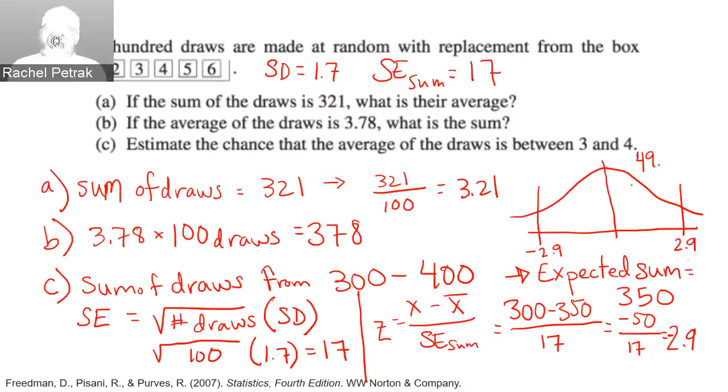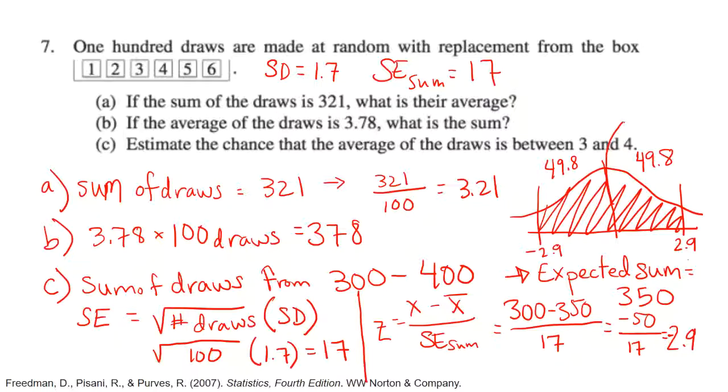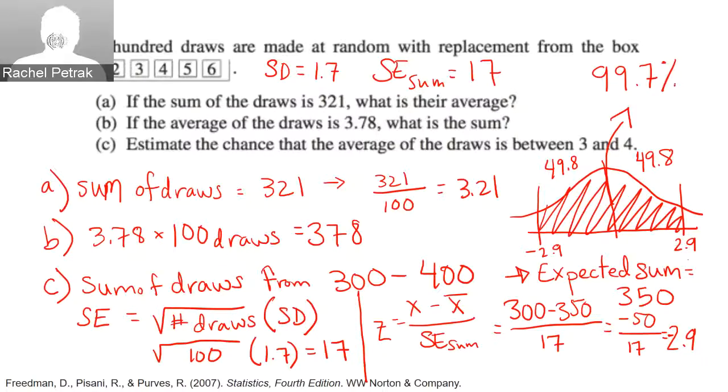I don't have my z table right in front of me, but I know the total is going to be 99.7. Thank you, 49.8. So 49.8 over here, 49.8 over there, for a sum total in this region there's a 99.7% chance that the average of the draws is between 3 and 4.